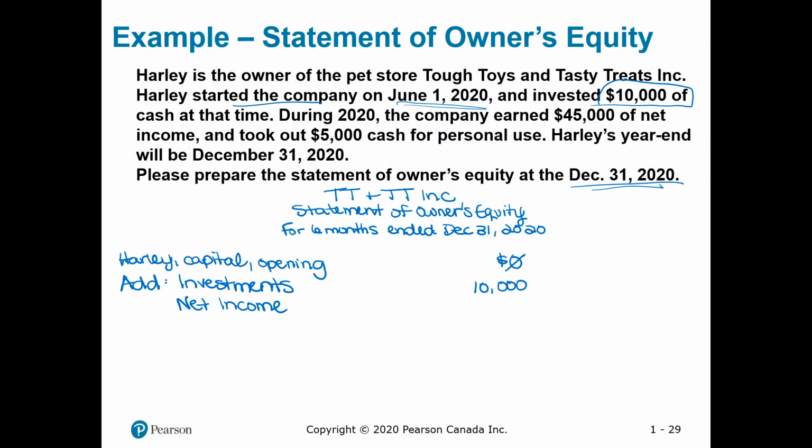And again, this net income flows from our income statement. On our last video, we looked at calculating net income on the income statement. That is where this balance comes from. That's why we prepare the income statement first, because we need to find this net income balance. In our question, it tells us that net income was $45,000. So someone's already prepared the income statement and calculated that amount.